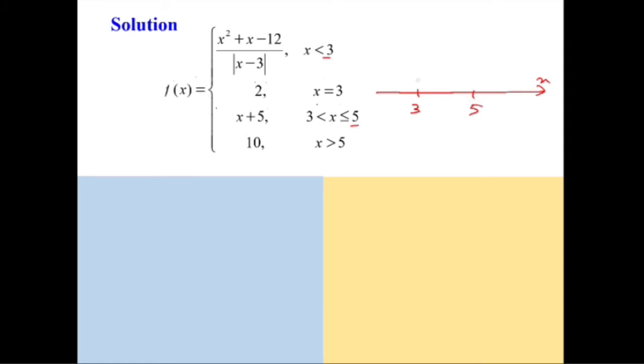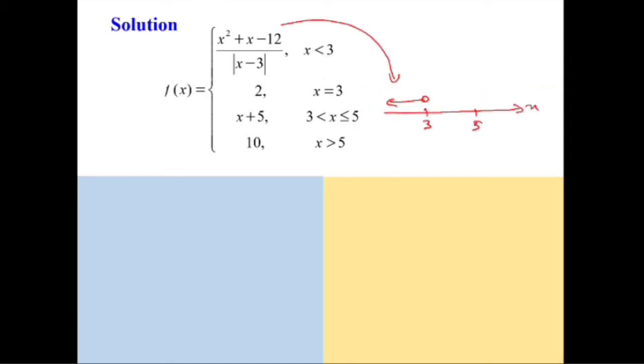The first function is an empty circle because it's x less than 3, no equal sign, and to the left is this function. The next function we see is 2, but it's exactly at 3. So at 3, the function value is 2.